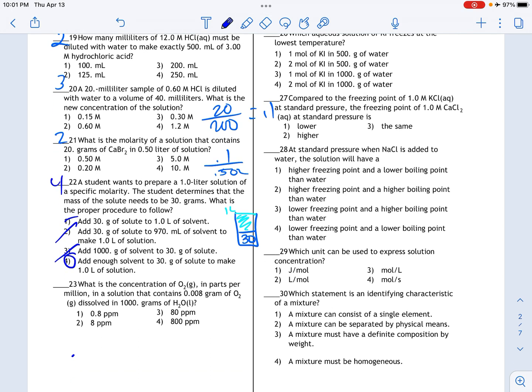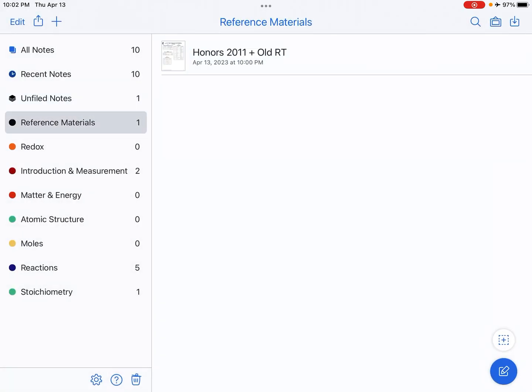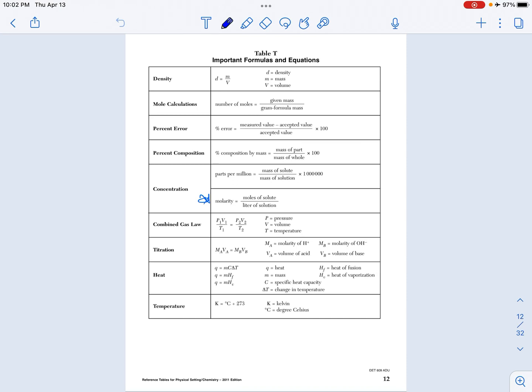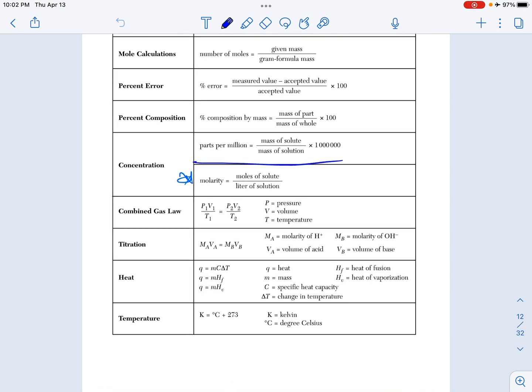What is the concentration of O2 in parts per million in a solution that contains 0.008 grams of that? Okay, so the parts per million formula is back here. Parts per million is mass of solute over mass of solution times a million.